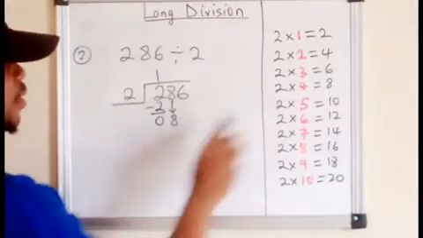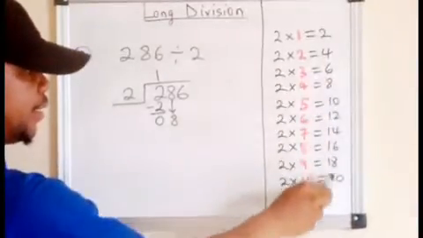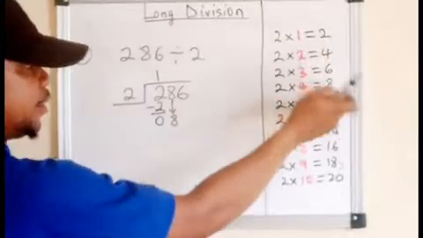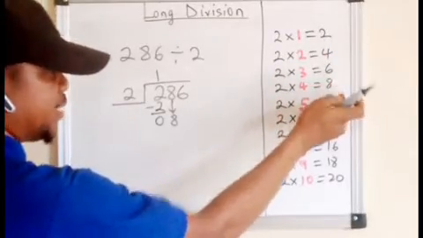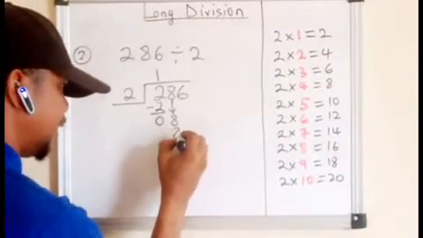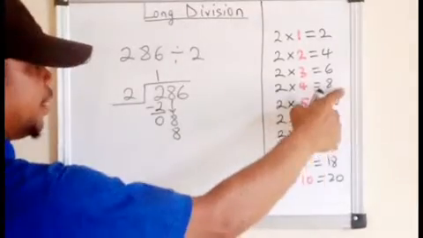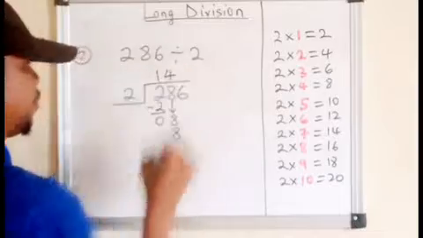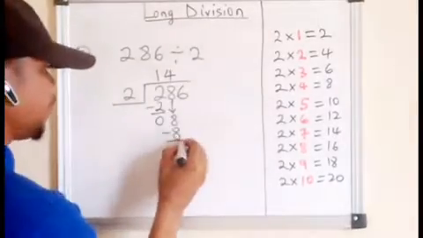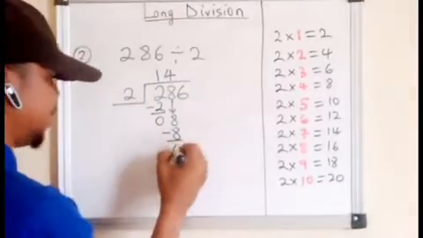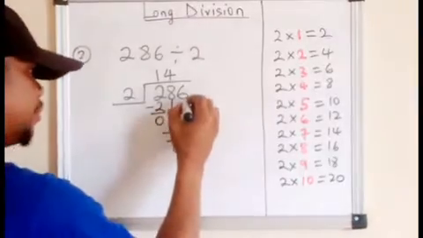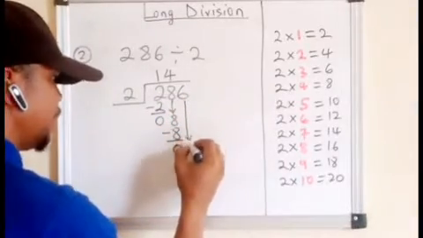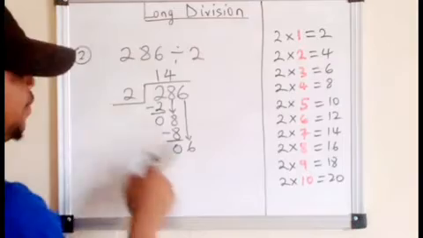2 divide 8. Look for 8 in this times table. See 8 here. Pick the 8 and write it under the 8 here. And then the middle number, pick it and write it on top. So you subtract. 8 minus 8 is 0. Then bring down the last number there, 6. 2 divide 6.